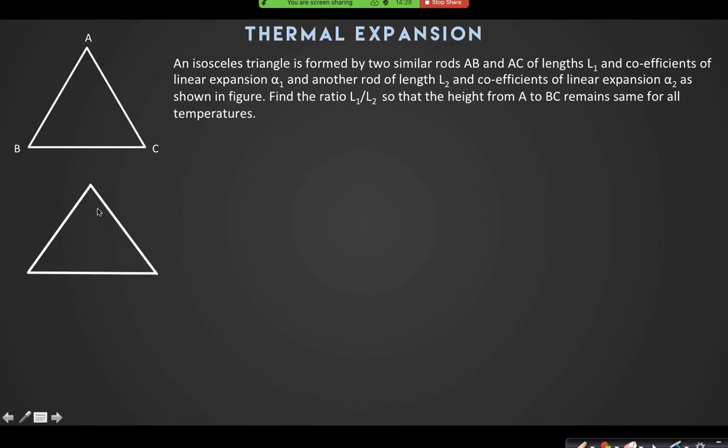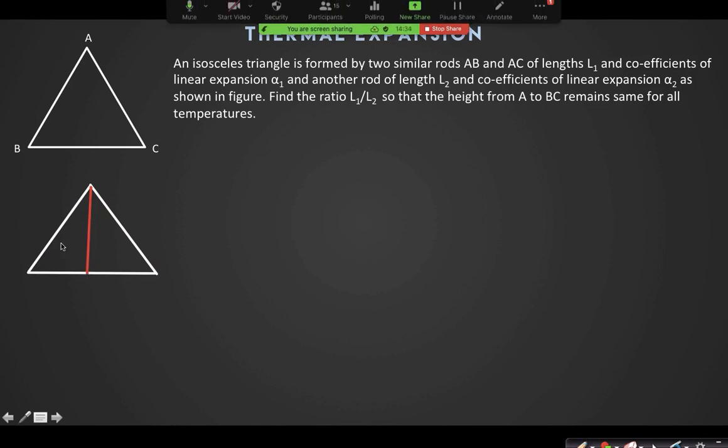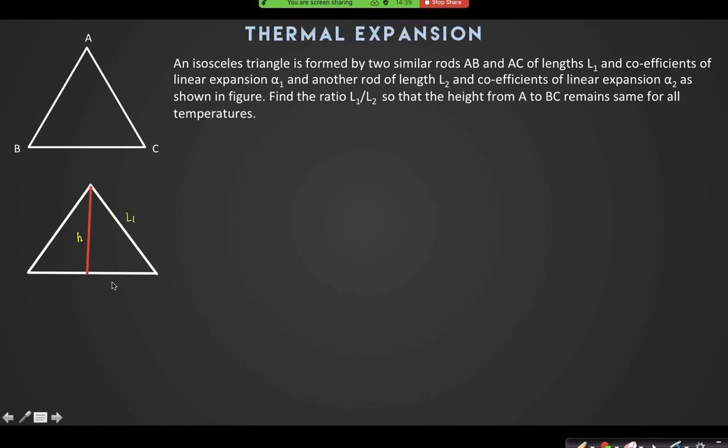But the question says that this height will never change, it will remain the same. So if I write this height h in terms of L1 and L2 at any instant, h square is equal to L1 square minus L2 square by 4.